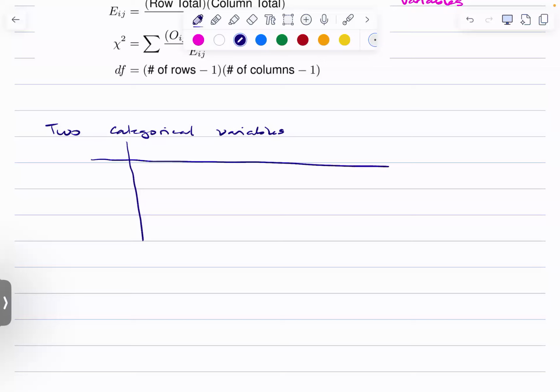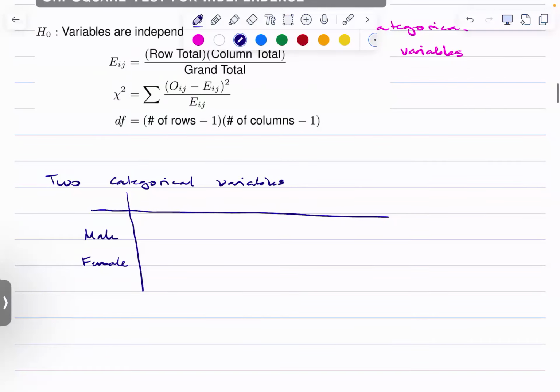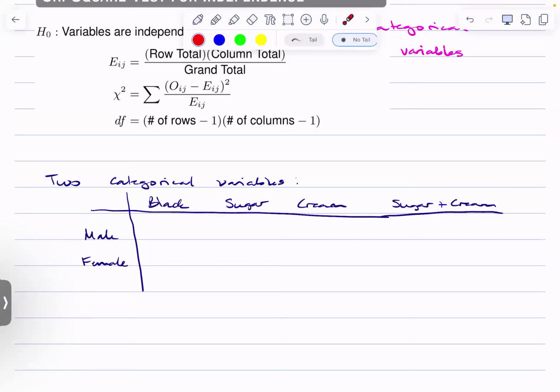Now I can't remember, but we can say maybe male, female customers, and maybe they drink their coffee black or with sugar or with cream or sugar and cream. That's too many categories. So two categorical variables looks like this.